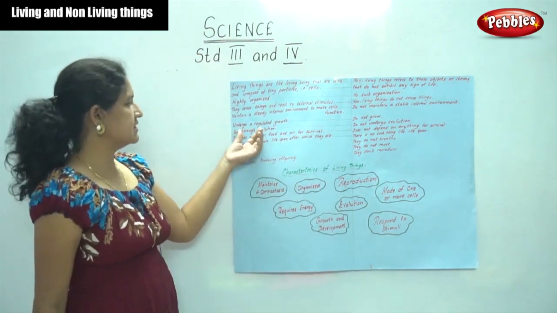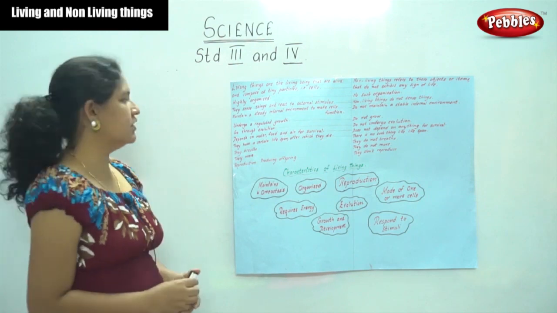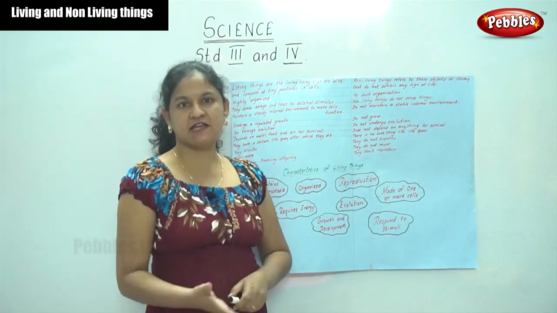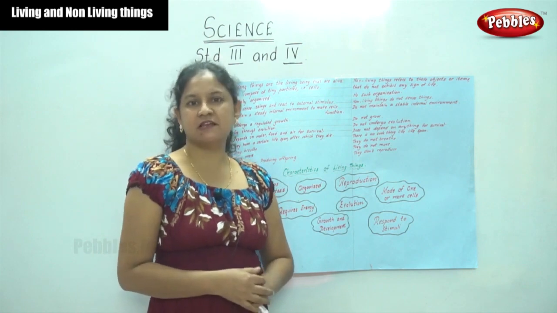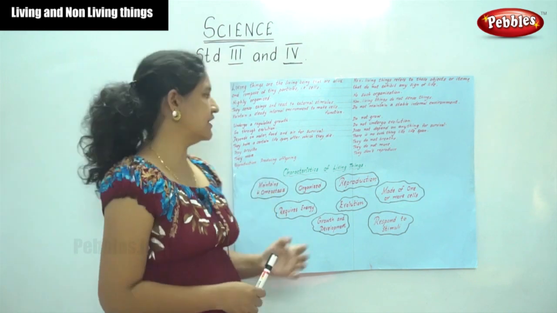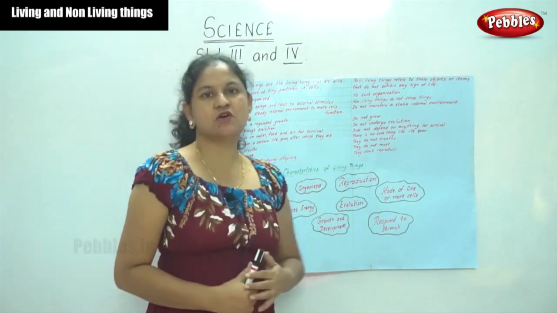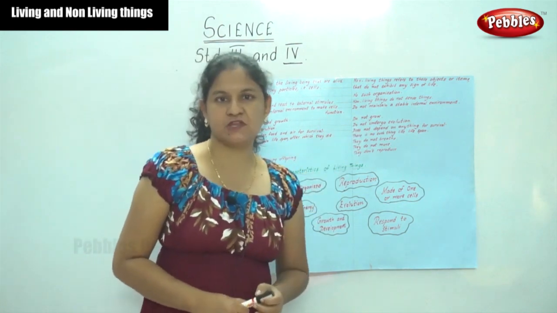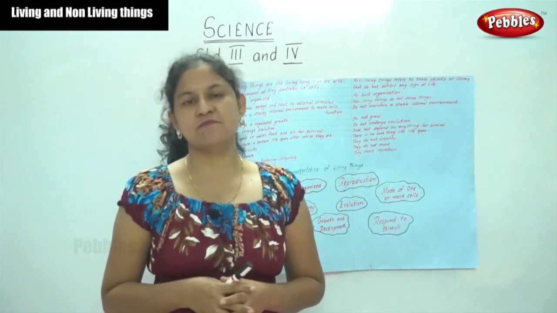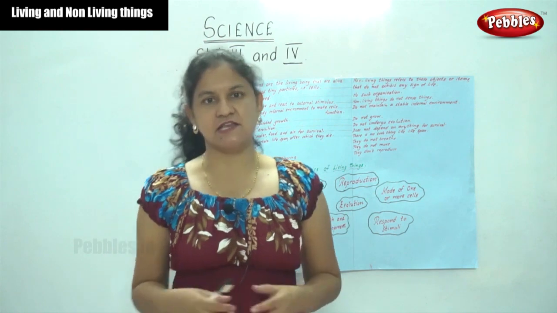The next is, living things undergo a regulated growth. We have seen the life cycle of a butterfly and a frog. All these undergo regulated growth, but non-living things do not grow. If a table is made, it remains the same size even after 10 years.